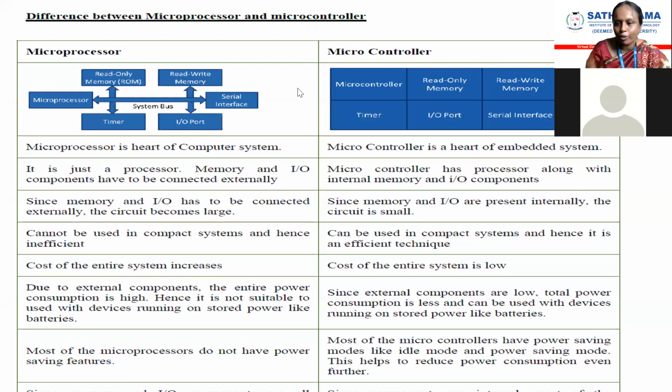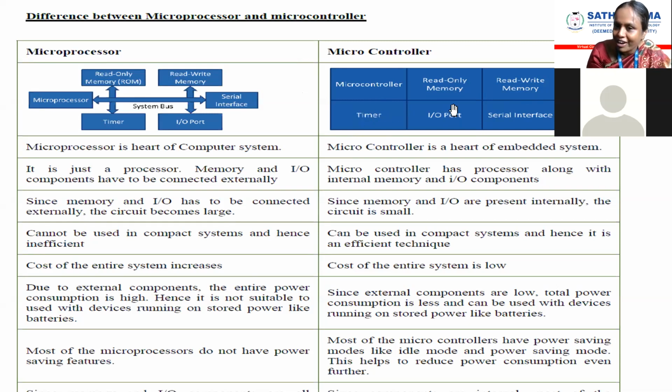In the microprocessor, if I want to communicate, I definitely need some interfacing IC. But in the microcontroller, we don't need any interfacing IC. Everything is embedded on a single chip. In the microprocessor chip, we have the central processing unit, the control unit, and the memory unit is optional. But in the microcontroller, we have onboard memory, read only memory and read write memory, and a timer also inside the microcontroller.